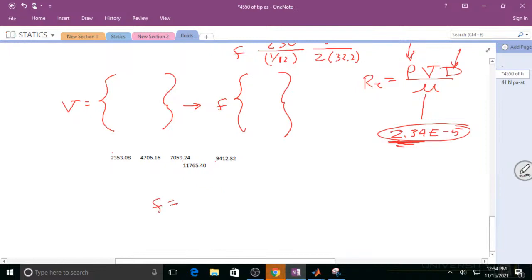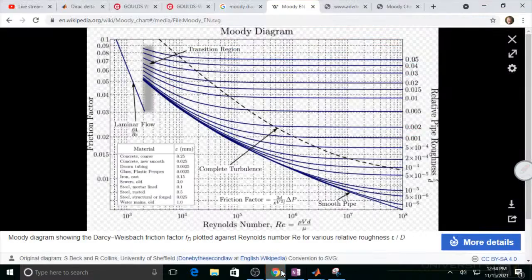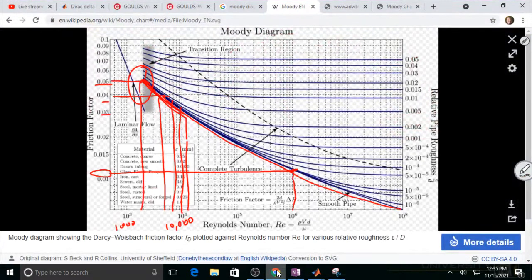So I'm going to say F is equal to roughly 0.05. And that's very tenuous because that's in a transition region. What did I say then? Oh, it disappeared. Did I make it go away? Oh, there it reappeared. 0.04, 0.03.